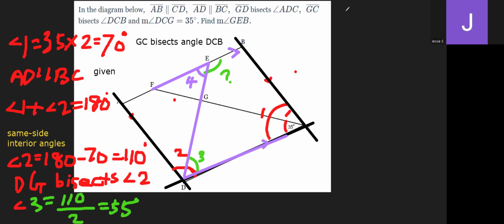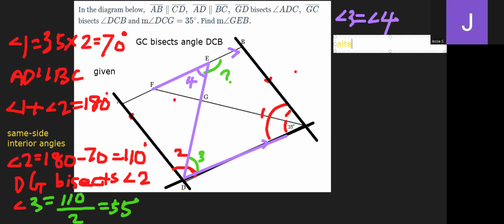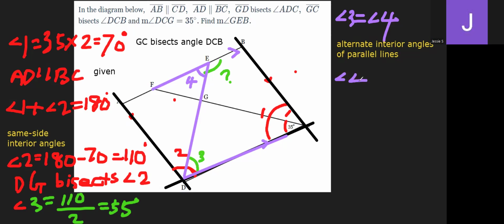So angle 3 is congruent to angle 4, because they are alternate interior angles of parallel lines. So angle 4 is also 55 degrees.